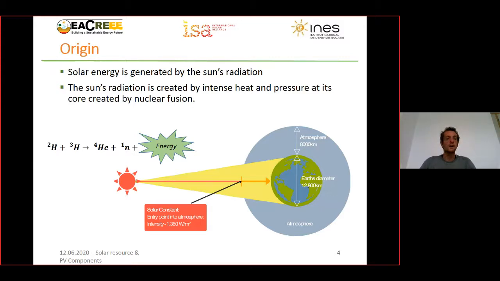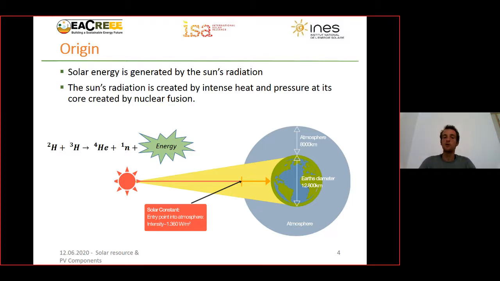on Earth. Basically, solar energy, of course, is generated by the sun and from specific reactions called solar fusion. So basically, on the sun's surface, you have a fusion reaction between hydrogen 2 and hydrogen 3, which are deuterium and tritium.